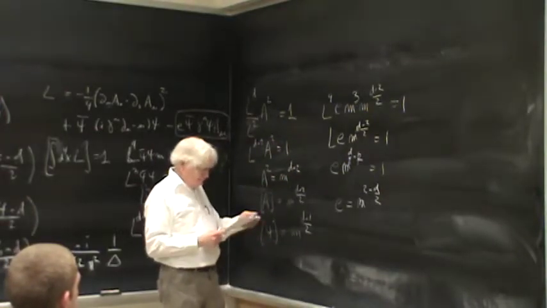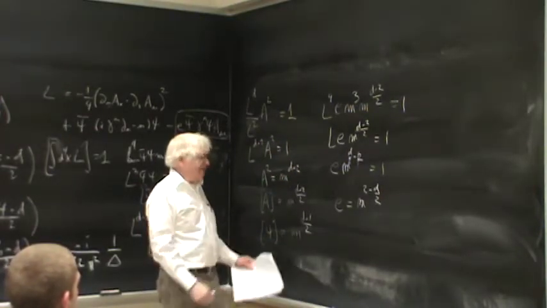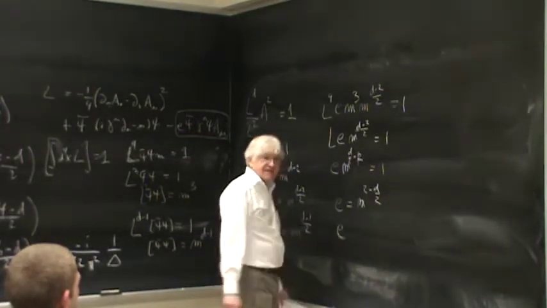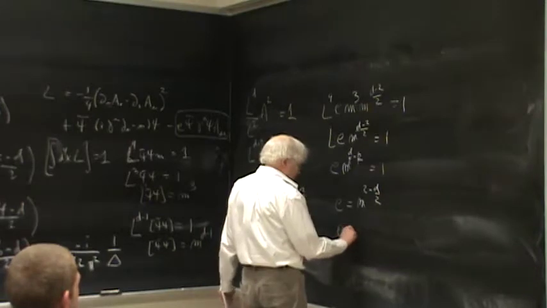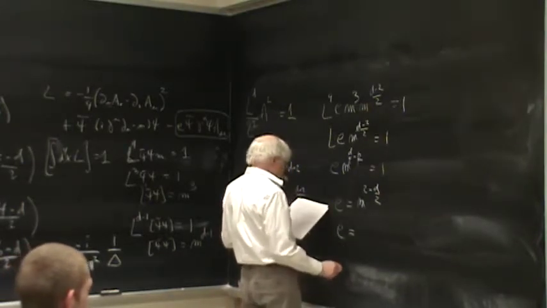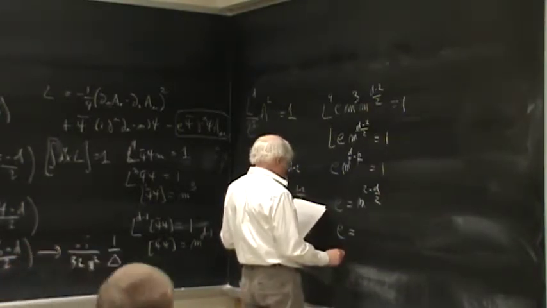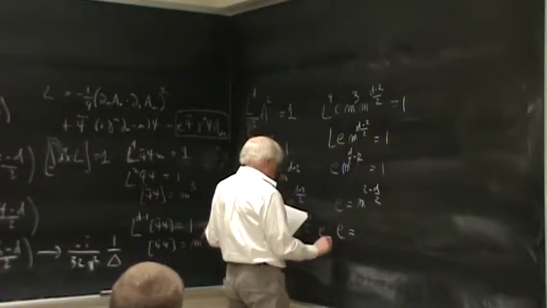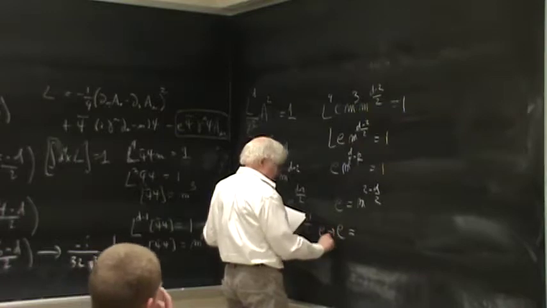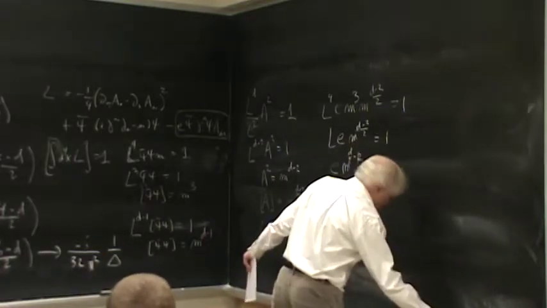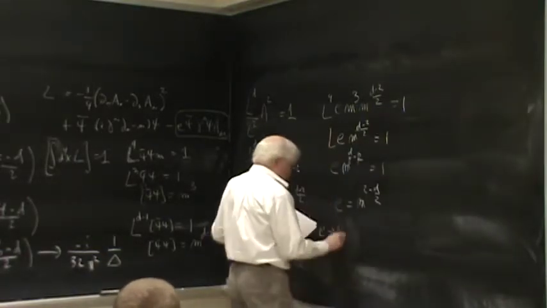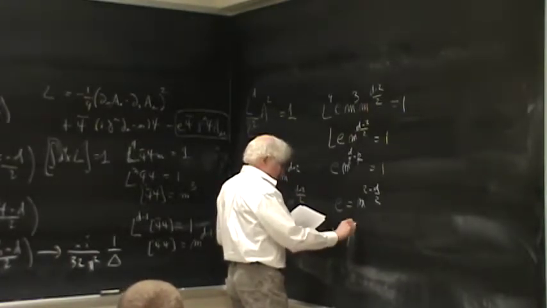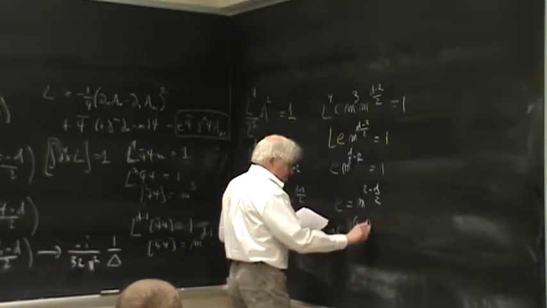And what people do is they say, we want to keep E dimensionless. And so we're going to basically replace E by saying that E goes to E times some mass parameter mu to the 4 minus d over 2.